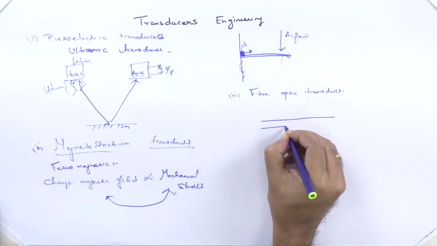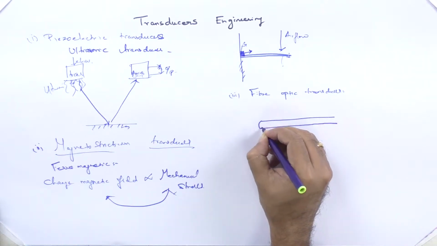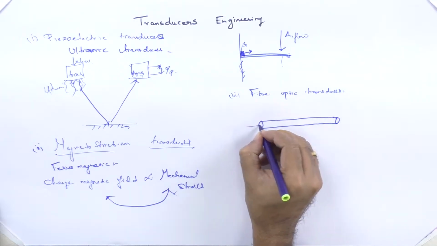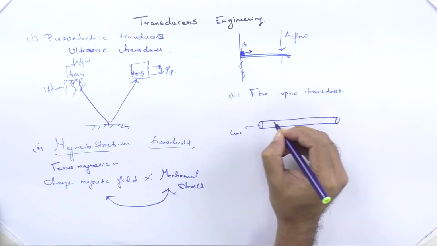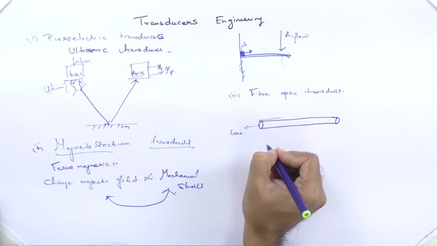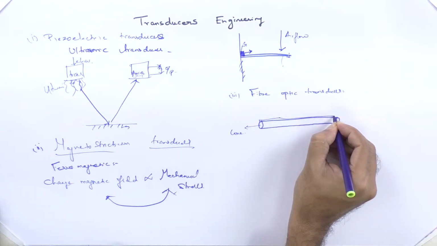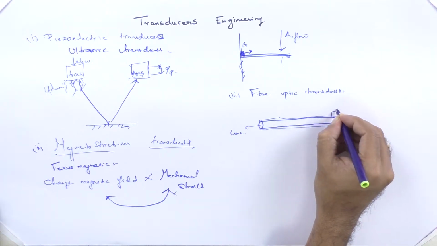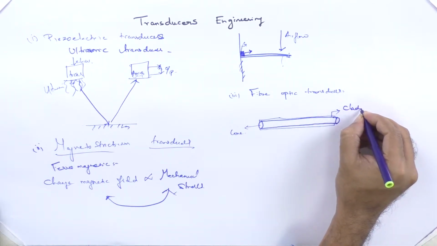This is your fiber. It's called the core, and the outer ring, you imagine a ring surrounding this fiber, is the protective layer called the cladding.